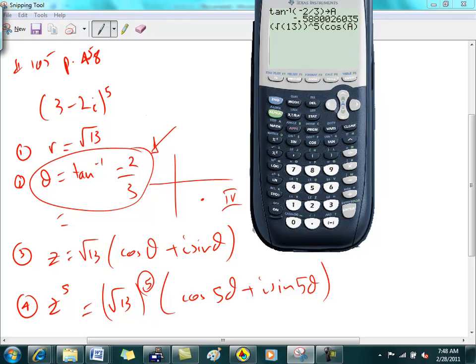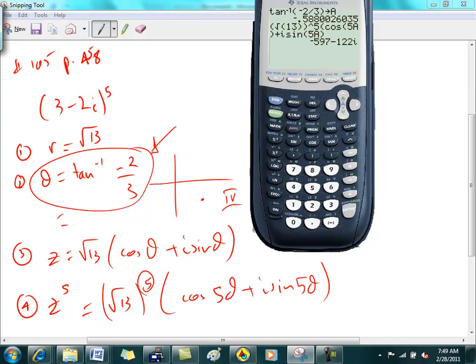What's the mistake here? 5A, thank you. Plus i sine 5A. Is everybody with me on that? Am I messing up my entries there? Does that look okay? There you go. Boom.